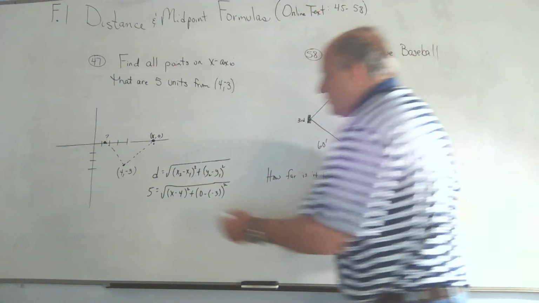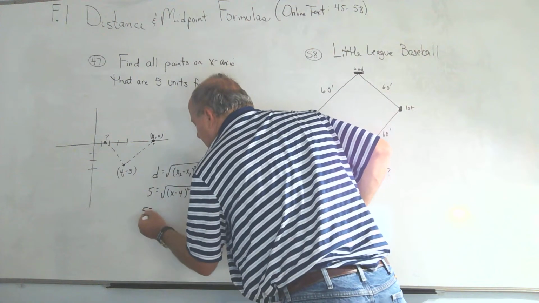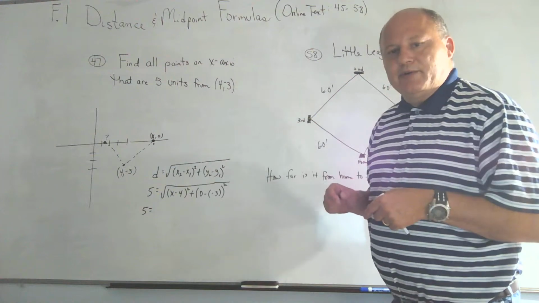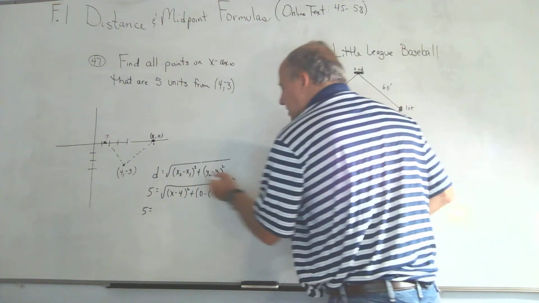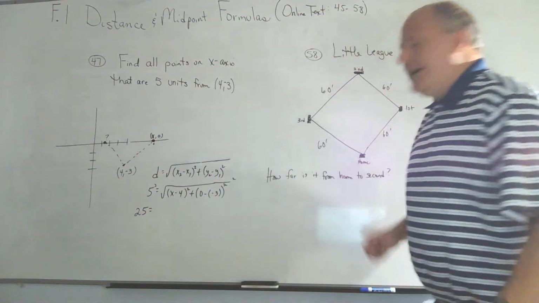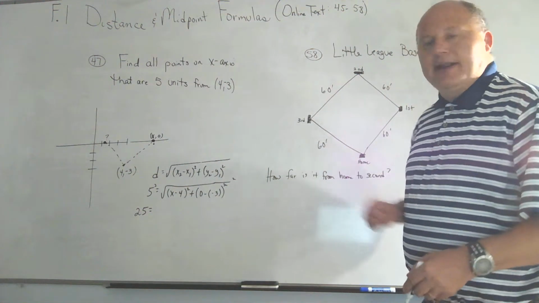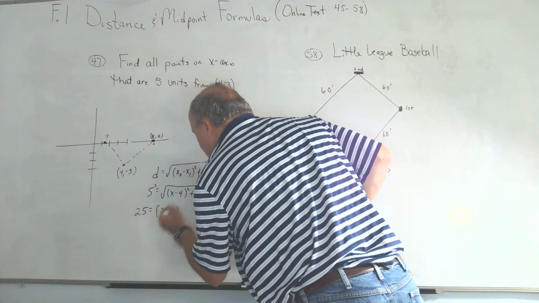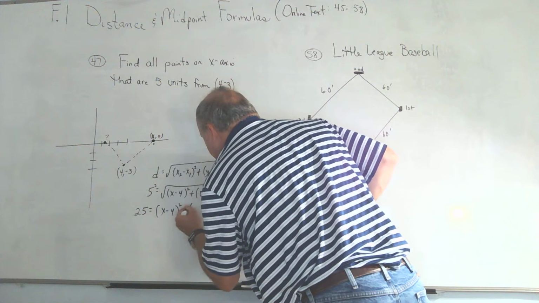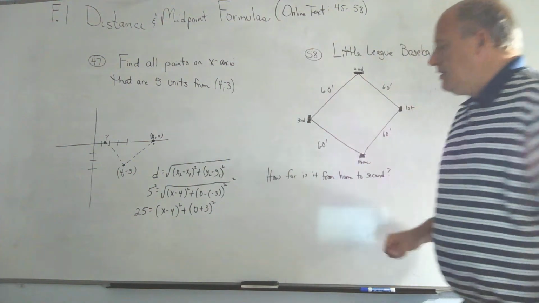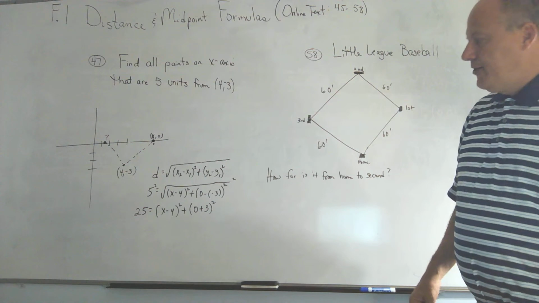So 5 equals the square root. Now, first of all, I don't like the square root, so I'm going to square both sides, and that makes that number 25. What that does for me is get rid of the radical. So that becomes 25 equals x minus 4 squared plus 0 plus 3 squared, so 0 minus a -3.